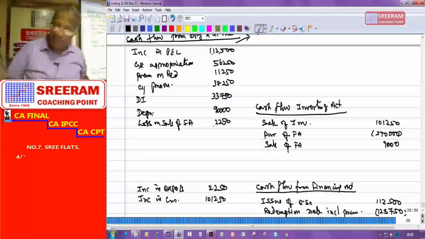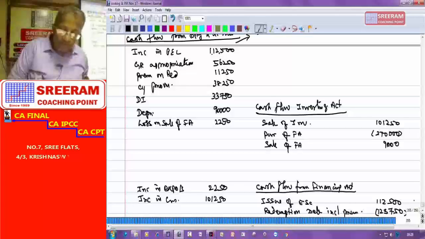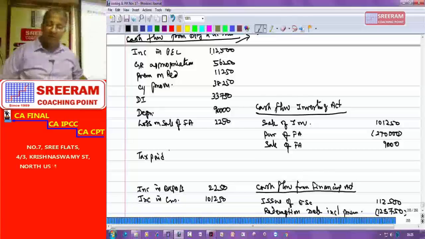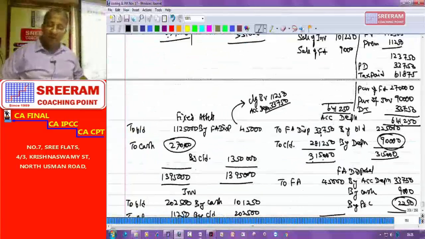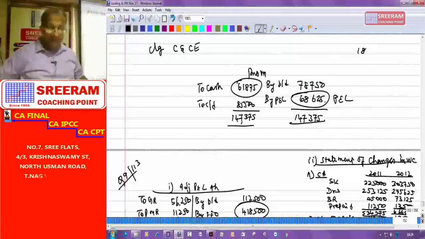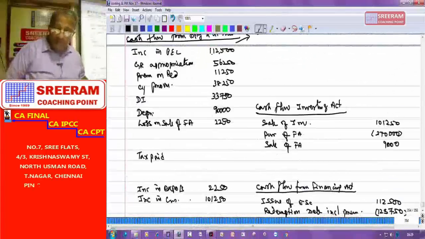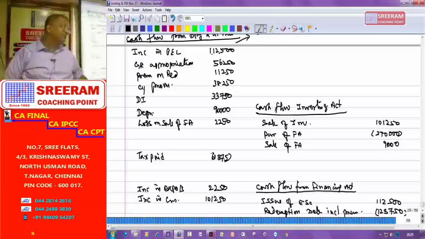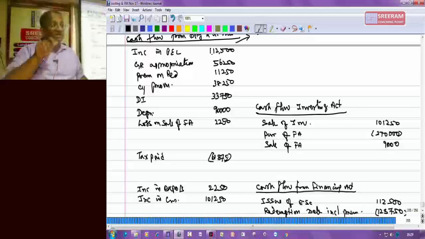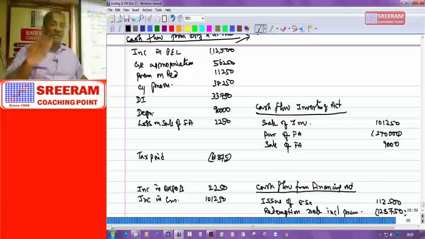No. So tax payment. How much? What we have paid? 61,875. Majority of their income they are making only in operating. They have not given the breakup. Therefore, we are taking it under operating.